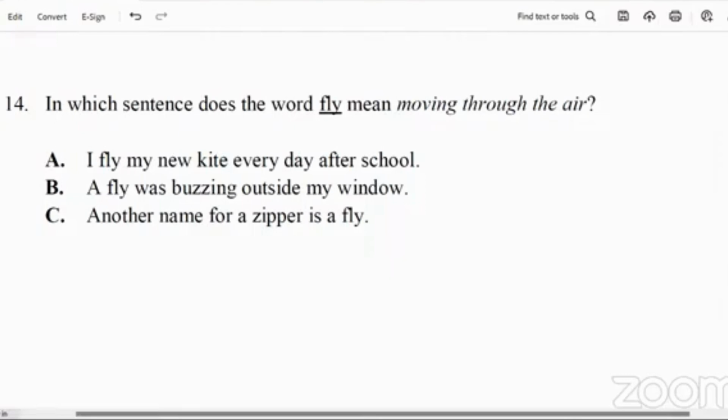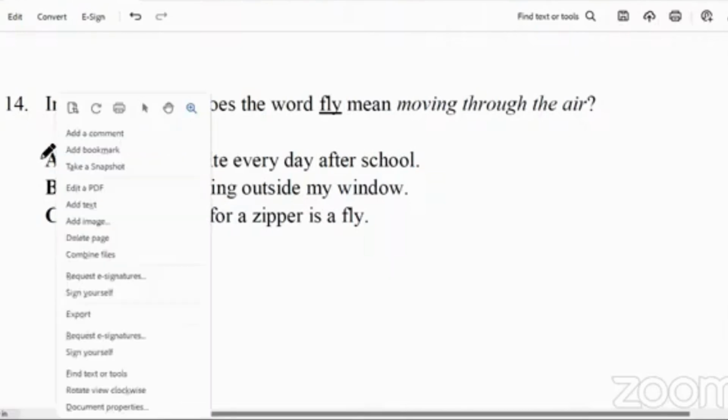So we're looking for fly being used as a verb, moving through the air. In B, that's a noun. And in C, that's also a noun. So A, I fly my kite. That means you're moving the kite through the air. So the answer is A.